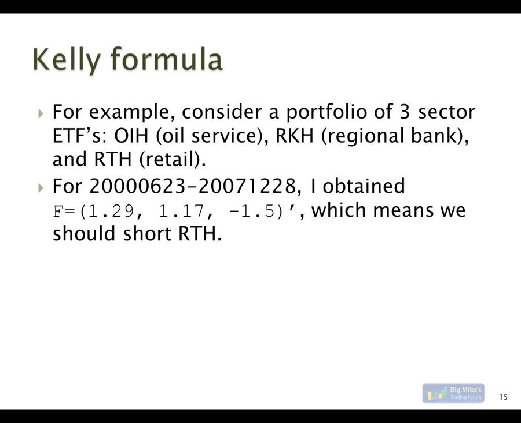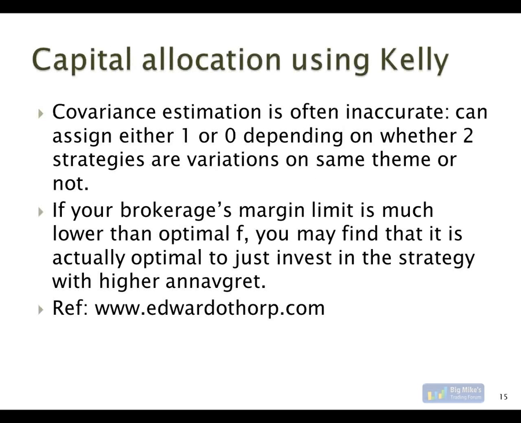Okay. So one final caveat about using Kelly for capital allocation is that covariance estimation is often inaccurate. And it's inaccurate because a lot of times when you apply this to strategies, not portfolios, one strategy may not be trading many days, so you would get zero return.